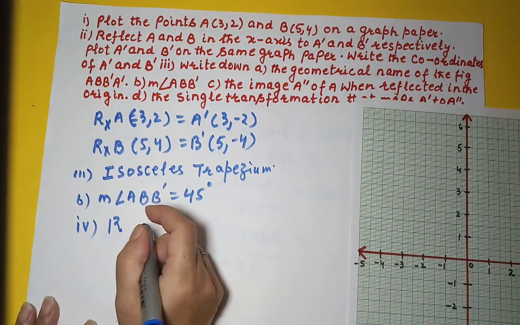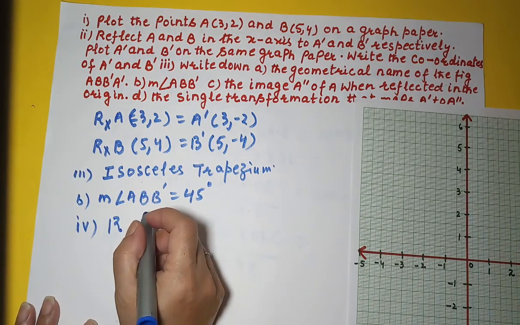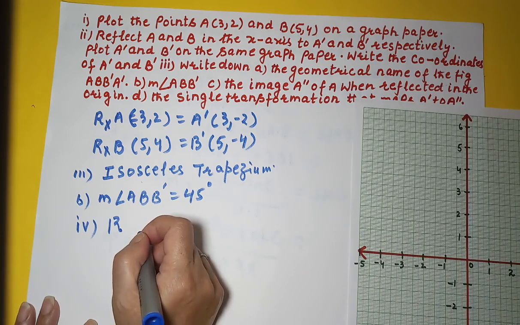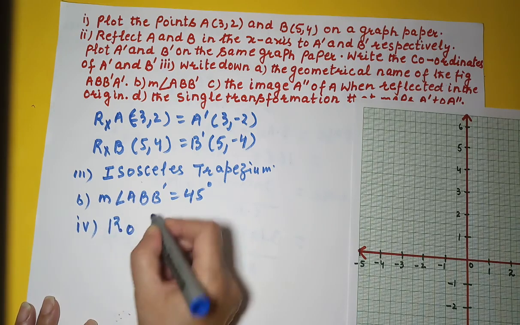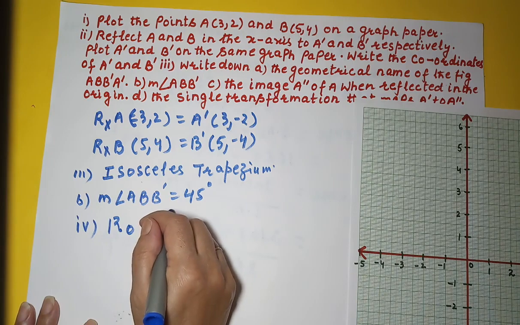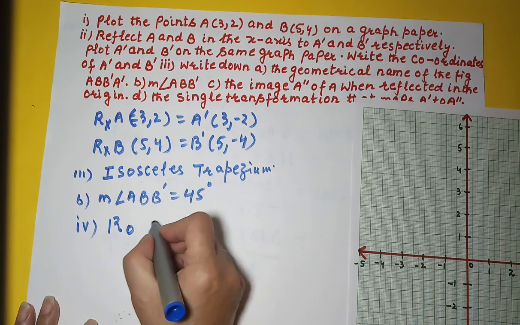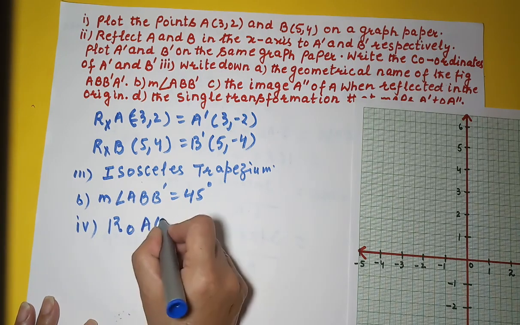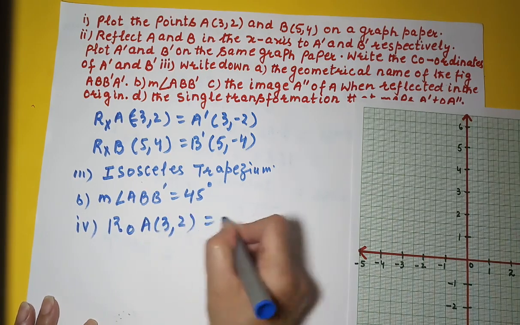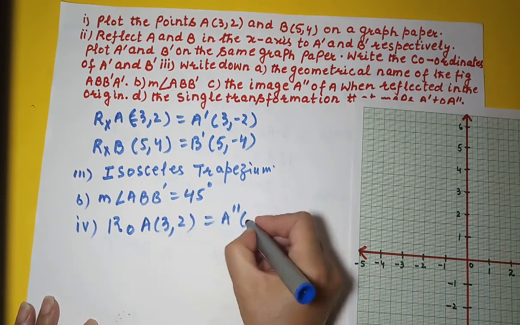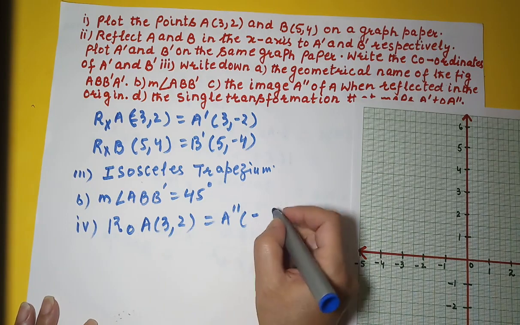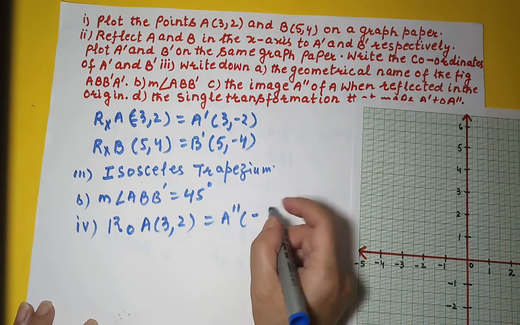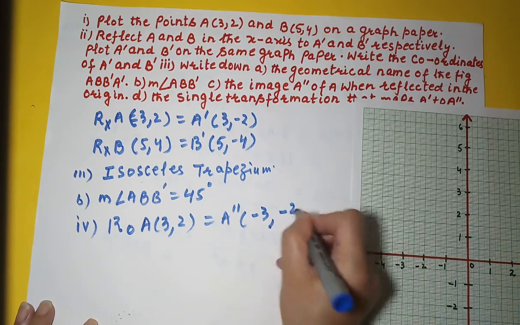Reflection of A in the origin. 3 and 2 will be A, and A double dash will be minus 3 and minus 2.